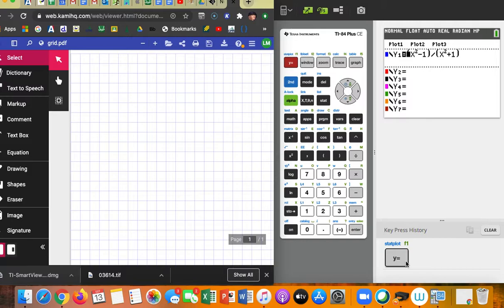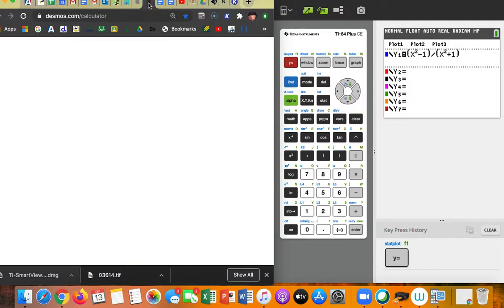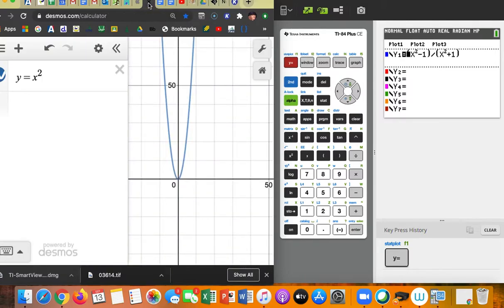Since you've watched those videos, you know that a few different things could happen. For example, if I just had the graph of y equals x squared, the simplest quadratic I can have, what would happen as x gets larger and larger? This just keeps getting larger and larger.